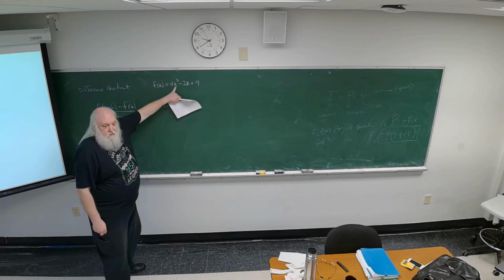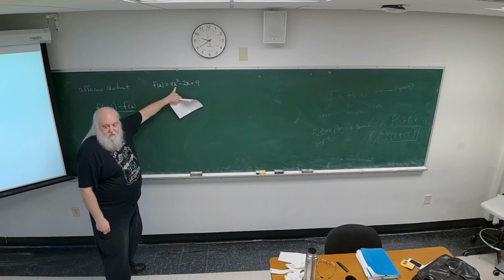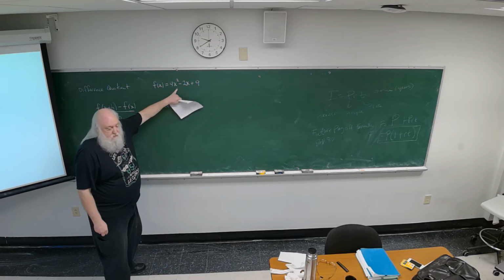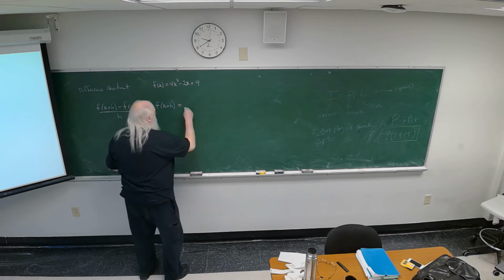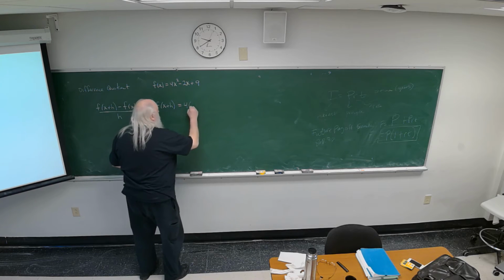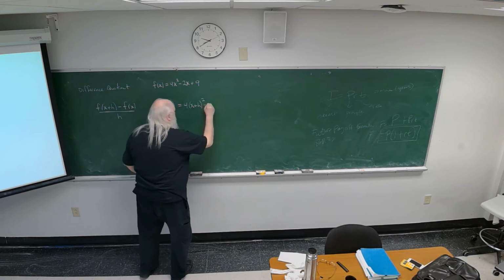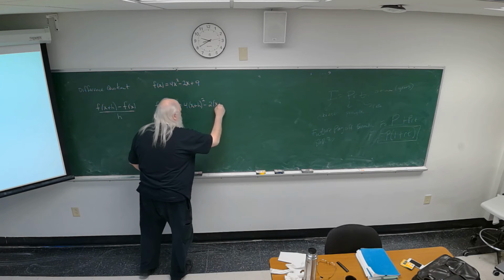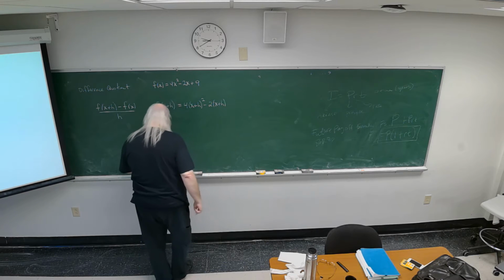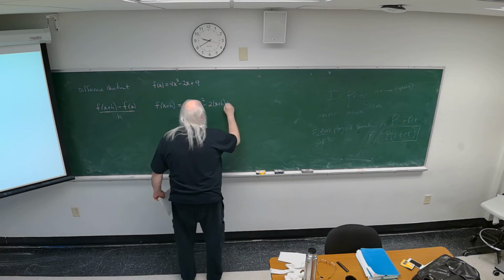Wherever you see an x on the right-hand side of f of x, you replace it with x plus h, right? So we have 4 times x plus h squared minus 2 times x plus h plus 9.